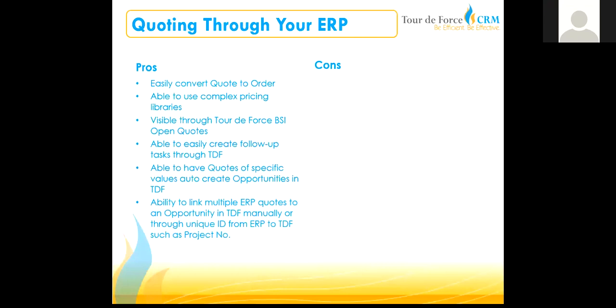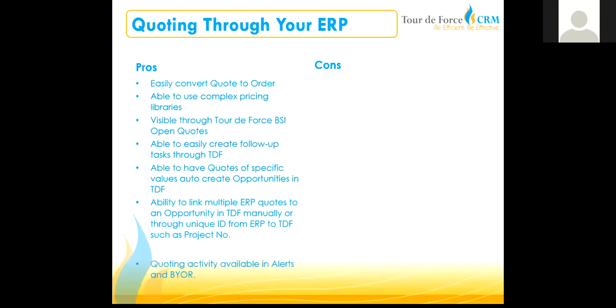You also have the ability to link multiple quotes from your ERP to an opportunity. Where that comes into play is if you are dealing with a lot of job management, where you have construction jobs where maybe you've got multiple contractors buying products from you relative to one specific job. You can assign a job number and then you can quote in any quote or any order that's tied to that project number.